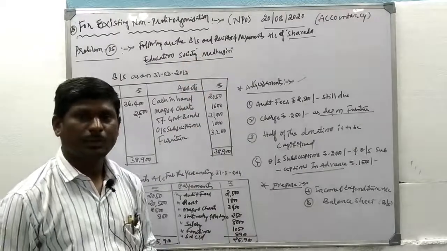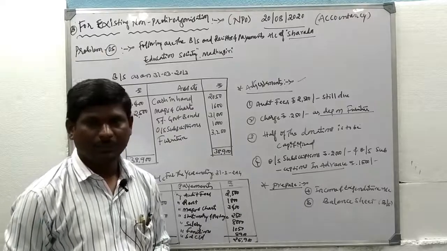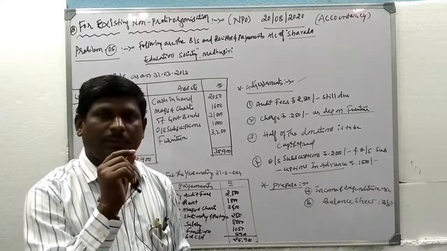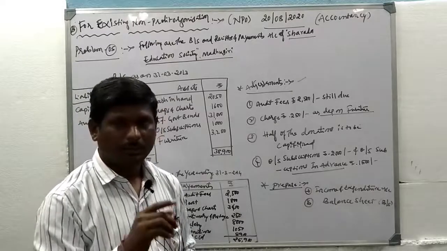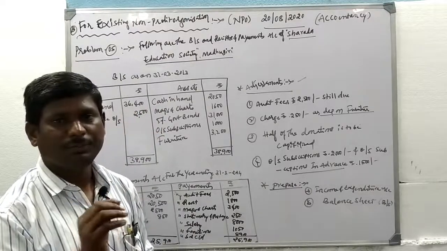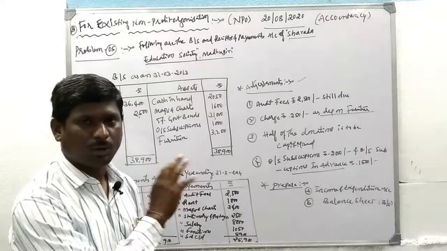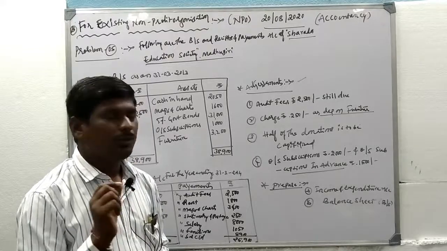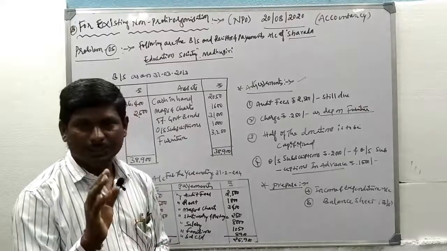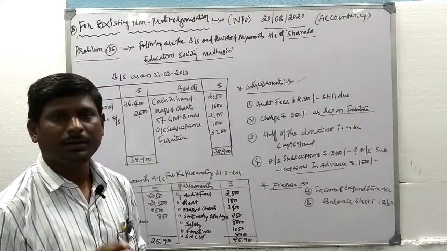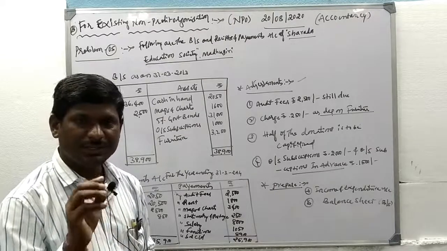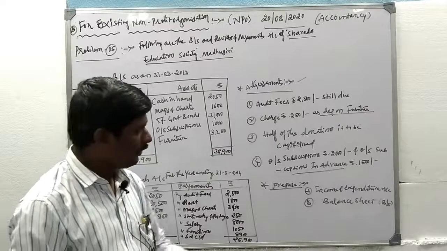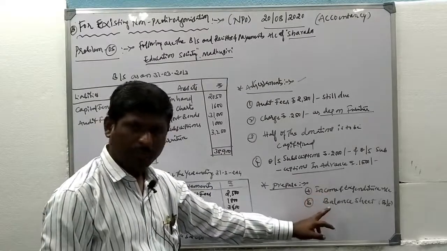An existing problem includes the previous year balance sheet, the receipts and payment account, and adjustments. For a new non-profit organization, only the receipts and payment account for the year ending is asked, and adjustments are also given, after which the income and expenditure account and balance sheet are prepared.